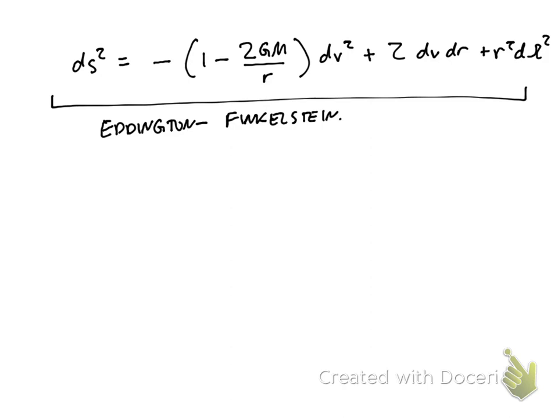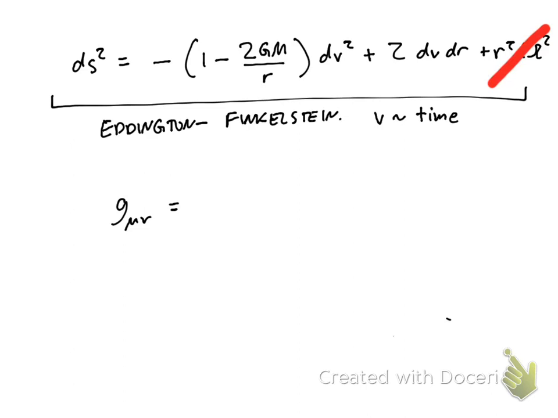From now on, we're just going to drop the angular coordinates because nothing depends on them, and we're just going to work in v and in r. You should imagine that v is some kind of time coordinate, and r is just the normal r. Let me remind you, this metric is off-diagonal. We haven't worked too much with off-diagonal metrics, so let me write down what this metric is explicitly in matrix notation.